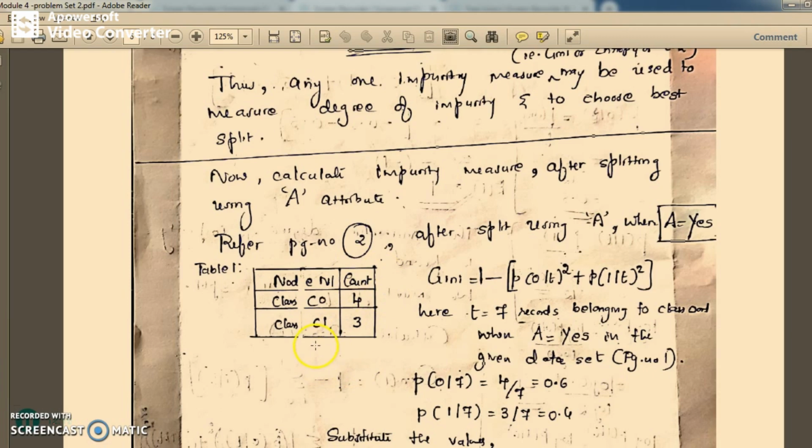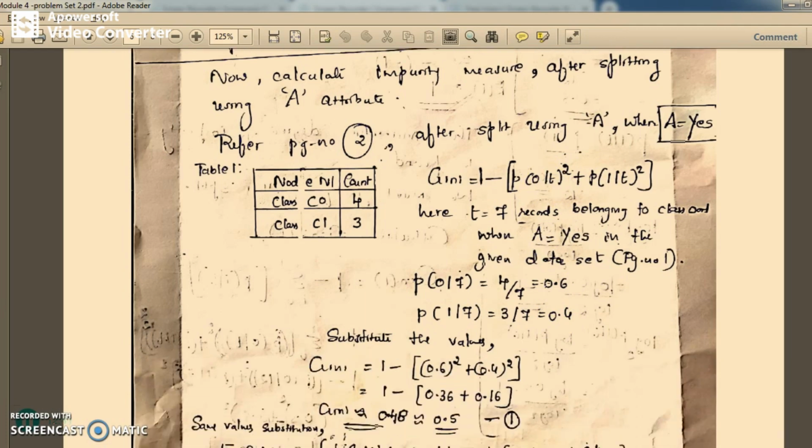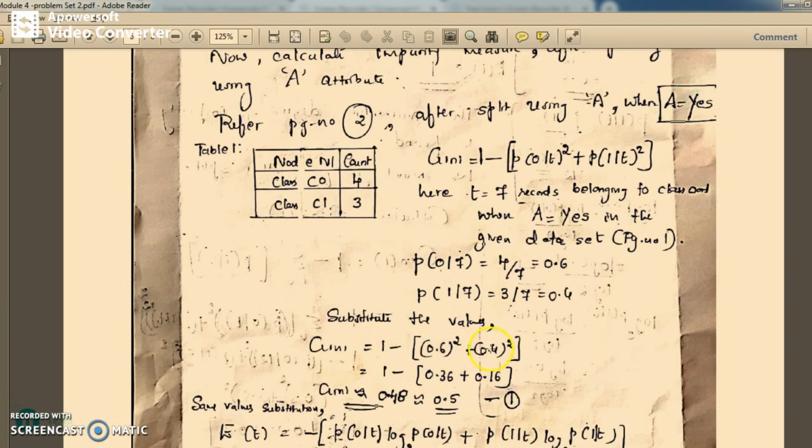Now calculate the Gini value for node n1 alone. The formula remains the same. The fraction of records we have already computed, and we got 0.6 and 0.4. Just substitute over here: 1 minus (0.6 whole square plus 0.4 whole square).